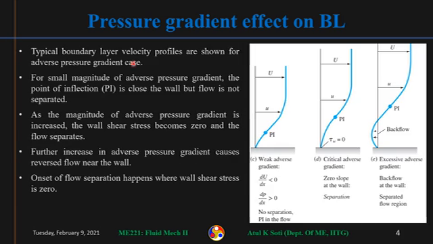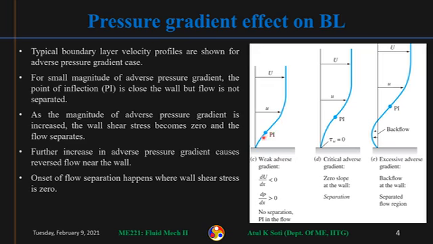For adverse pressure gradient, in this figure we show some of the velocity profiles. If we have a very weak adverse pressure gradient, that means dp by dx is positive but small, not big enough, then this is the velocity profile, and somewhere within the boundary layer you will have a point of inflection.